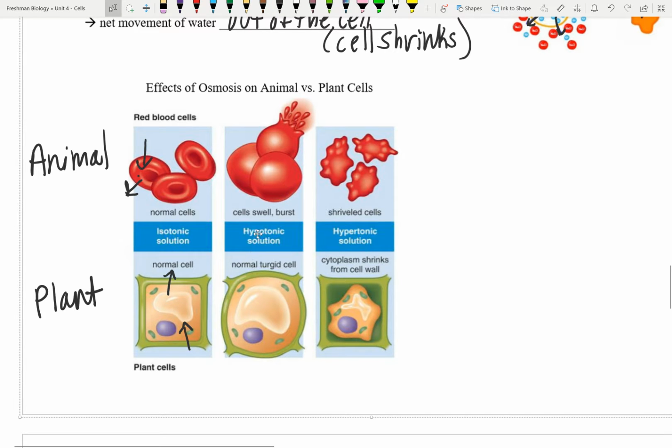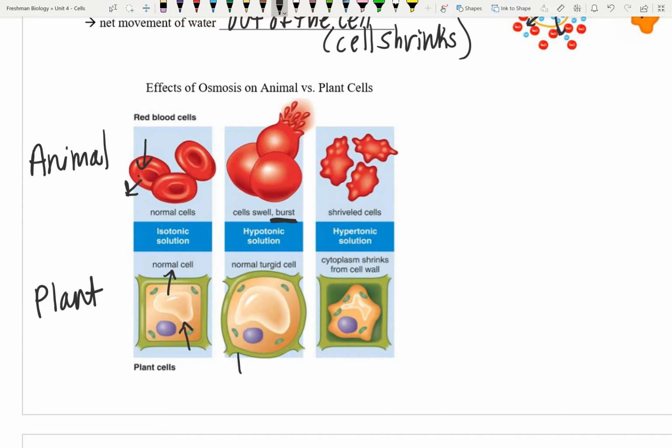Now, in the hypotonic environment, remember that's where there's very little solute in the fluid around the cells. So imagine red blood cells were put into pure water and there's no solute at all out there. Well, then we're going to have water entering into our cells, and in an animal cell they could burst.